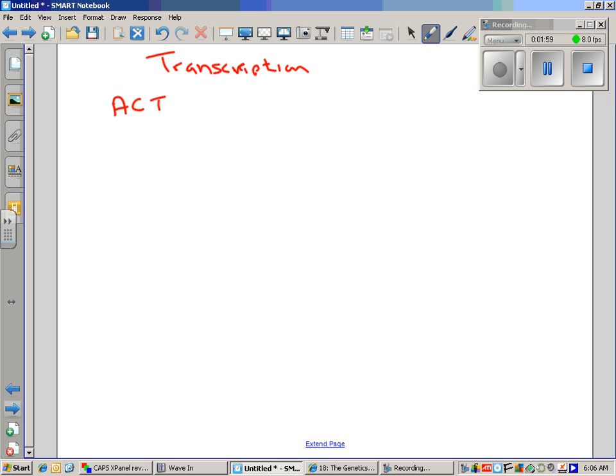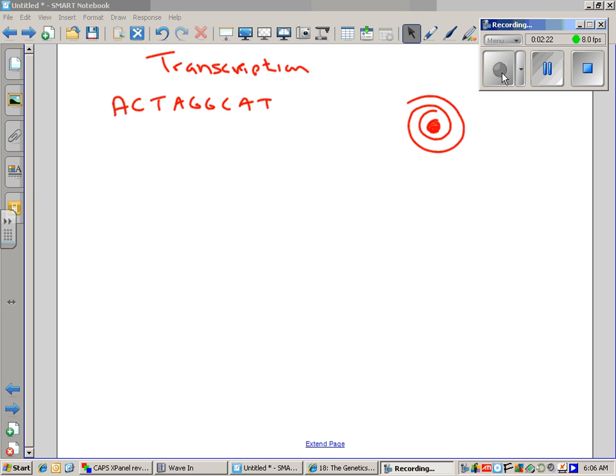Here's a piece of DNA code. DNA is found in the nucleus, and we're not going to get into this right now, but DNA is on a chromosome. A chromosome is DNA wrapped around things called histones.